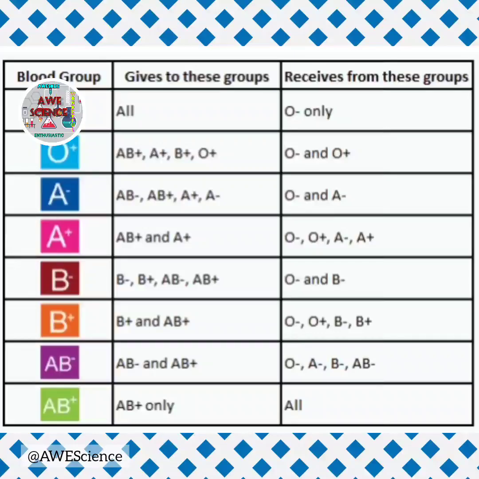And a person who has O positive as a blood group can donate blood to AB plus, A plus, B plus, O plus, and can receive only from O negative and O positive. In the same way we can proceed further, and at the end you have AB positive. A person who has AB positive as a blood group can give only to the AB positive blood group, but can receive from all the blood groups.